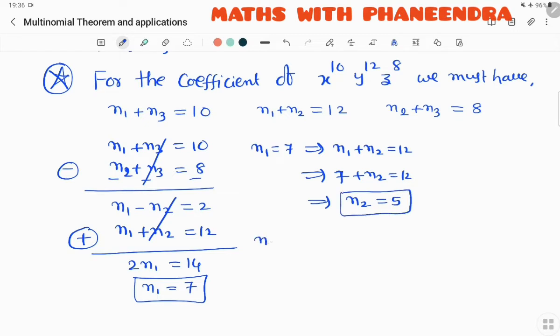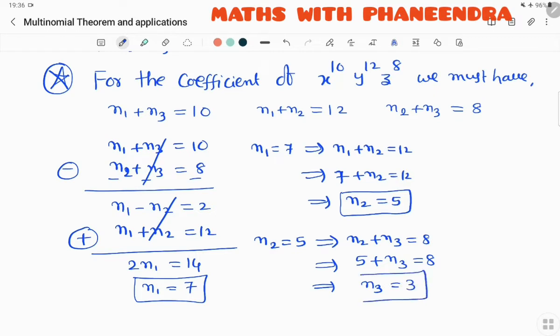Next, n2 is equal to 5, that implies n2 plus n3 is equal to 8, so 5 plus n3 is equal to 8, n3 is equal to 8 minus 5, that is equal to 3. Now you verify n1 plus n2 plus n3, is it equal to n or not? Absolutely equal here.